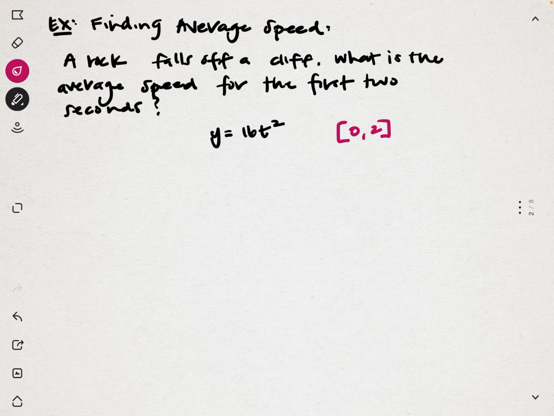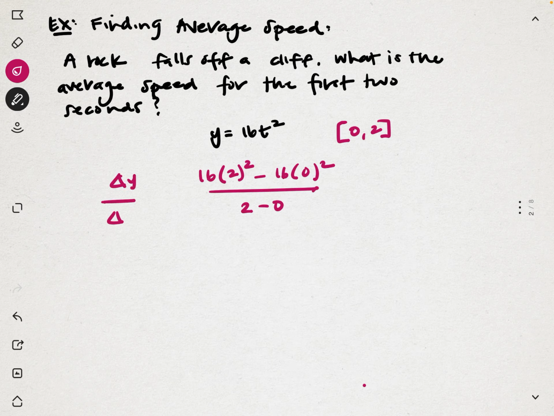So we can think about it as 16 times 2 squared minus 16 times 0 squared over 2 minus 0. So this is just the change in y over the change in x.